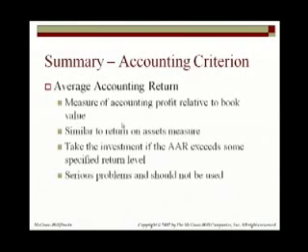You take the investment if the average accounting return exceeds some specified return level, and that specified return is usually arbitrarily established by management. It has serious problems, and by serious problems I mean it can cause you to destroy wealth for the company or overlook wonderful opportunities, and it should not be used. Probably will be, but it shouldn't be.